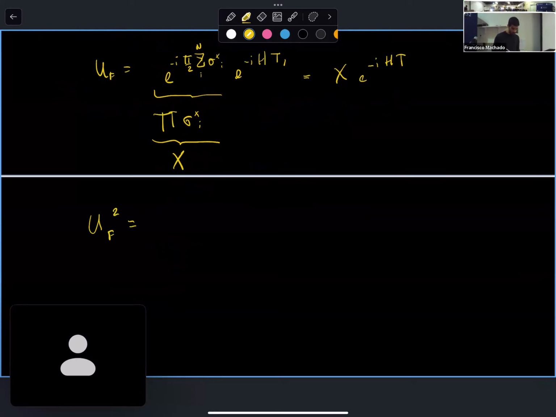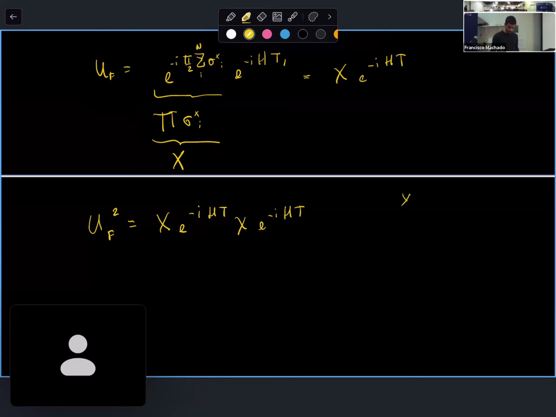If we look at U_F squared, this is going to be x e to the minus i h t, x e to the minus i h t. And because this is a pi pulse, x squared is going to be identity, and x dagger equals x. So I can bring this up and call this e to the minus i x h x t, e to the minus i h t.